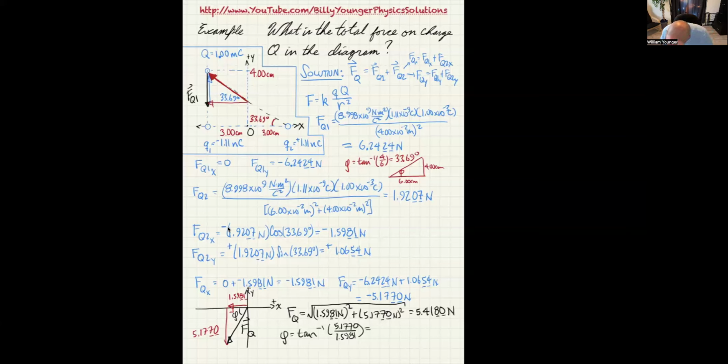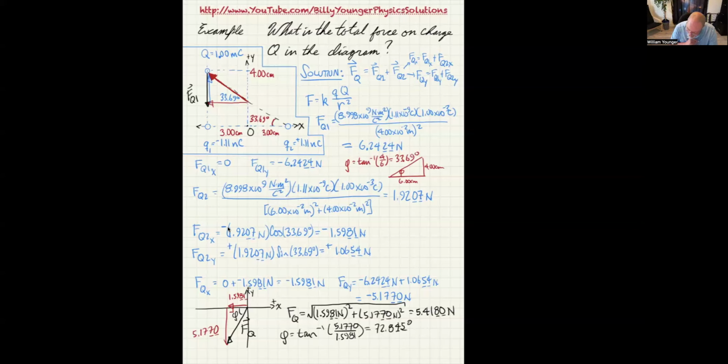So when I do that, I'm going to say tangent inverse 5.177 divided by 1.5981, and that spits out 72.84. I'll carry 1 extra digit. That's going to be 5, and that's degrees. And obviously, I'm carrying it too far.